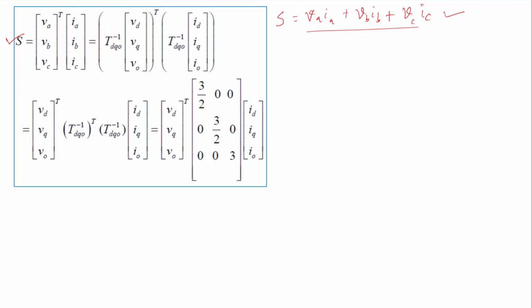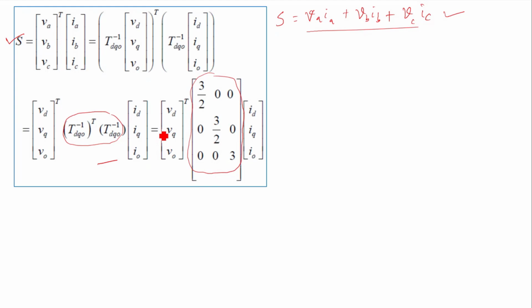Now, applying the transformation, [VA VB VC] can be written as TDQO inverse times [VD VQ VO], that whole transposed, and [IA IB IC] can be written as TDQO inverse times [ID IQ IO]. Then by taking the transpose, I get [VD VQ VO] transpose, TDQO inverse transpose, TDQO inverse, [ID IQ IO]. Just by multiplying this, I get the diagonal elements 3 by 2, 3 by 2, 3, and the off-diagonal elements are 0.